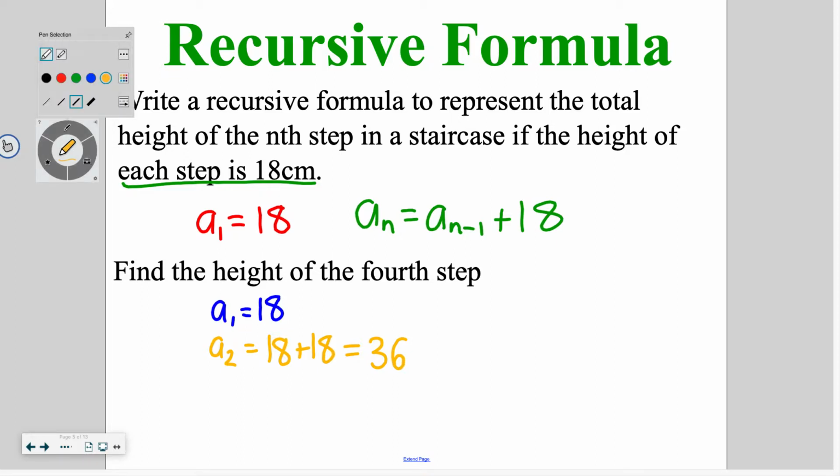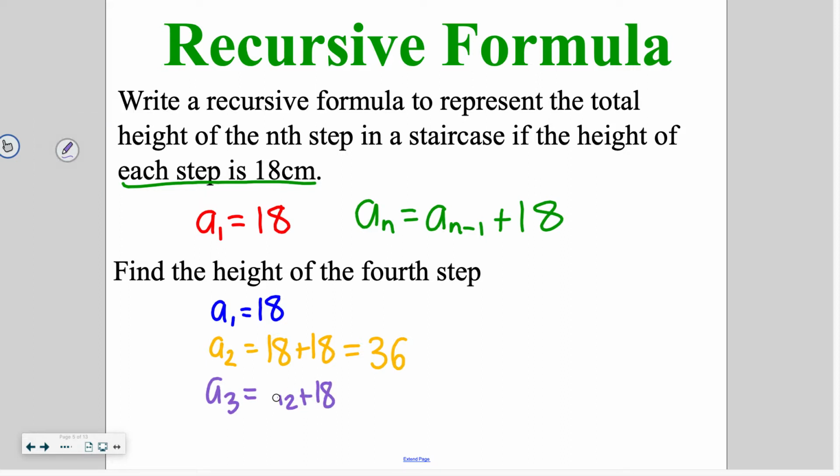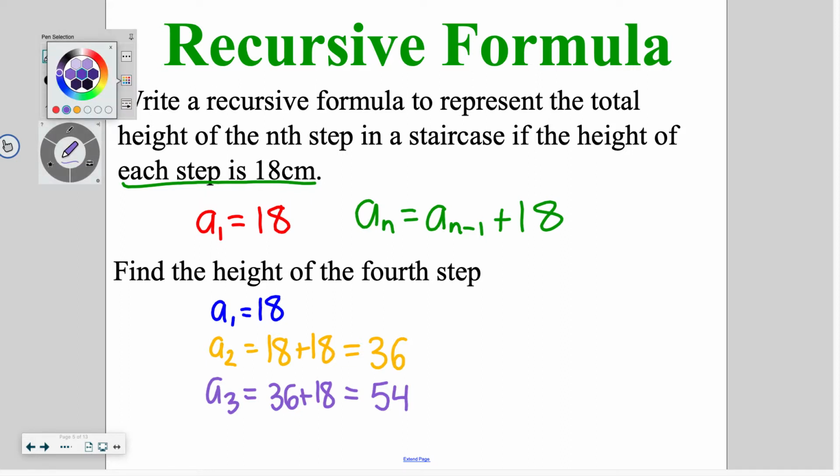Then we would continue. We're looking for the fourth, so now we're going to go to the third. So we would take a2 plus 18. Again, we know what a2 is, so we've got 36 plus 18, which gives us 54. And now finally we want that fourth step.